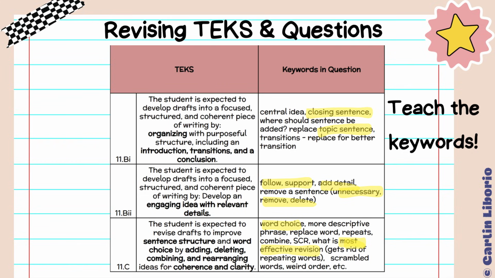So 11BI is going to be questions about central idea, which will change to controlling idea in 6th and 7th grade, and then 8th grade and up, thesis. Okay? It's going to ask them about the closing sentence or the conclusion sentence. It's going to talk about topic sentence and transitions. All of that is 11BI.